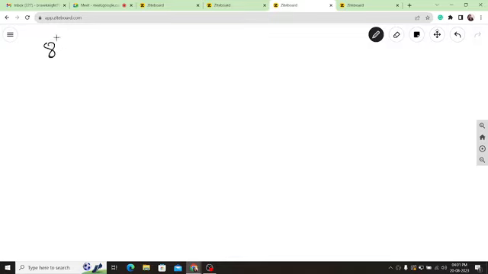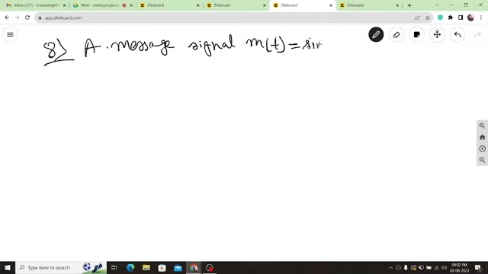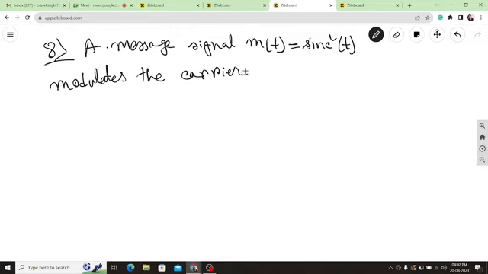Let us go to the next question. The next question says a message signal m(t) is sinc squared t, and this modulates the carrier signal c(t) as A cos 2 pi fc t.